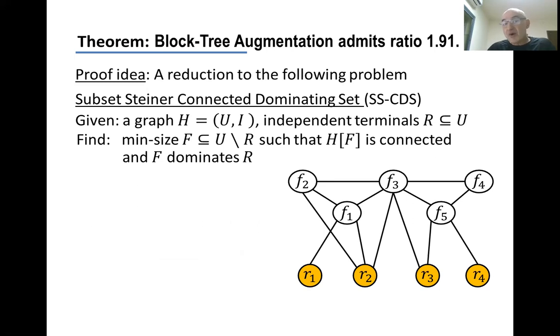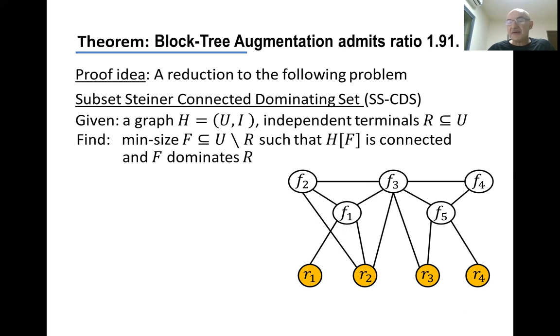So in this talk, I will describe an approximation algorithm for the block tree augmentation problem with approximation ratio 1.91. And the proof idea is a reduction to a seemingly harder problem that is called the subset Steiner connected dominating set, or for short, SSCDS. And this problem can be described as follows.